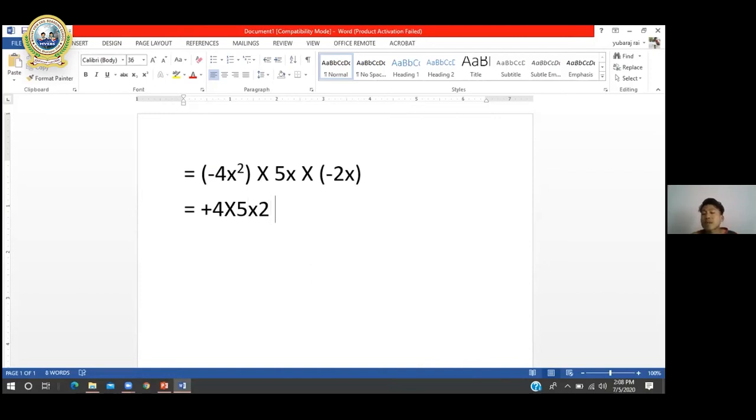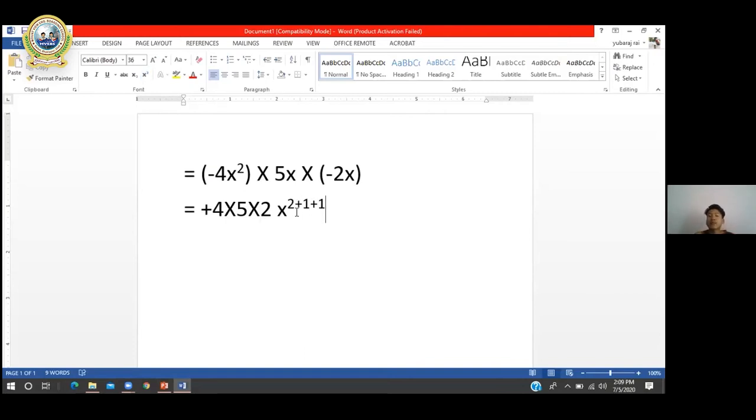Now we multiply the coefficients. And the next thing we do is add the power of the same base. We have x as the same base here, and the power of x is 2, 1 and 1, so we add 2 plus 1 plus 1.